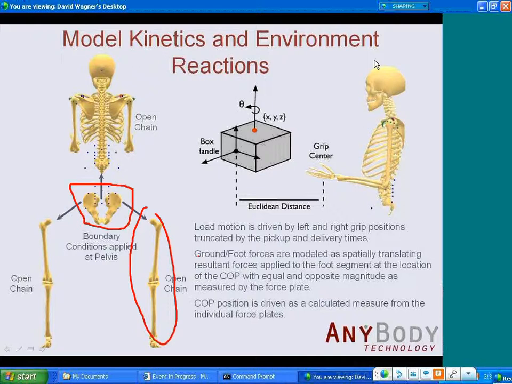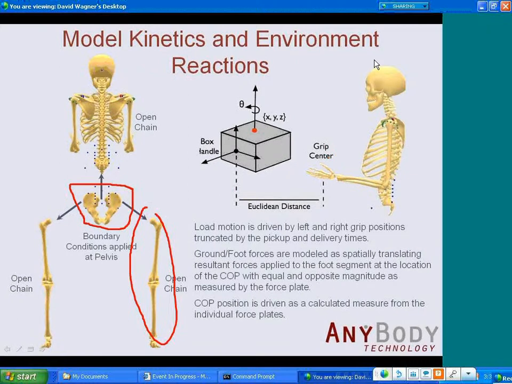The application of the center of pressure to the different feet was taken from the AnyGait model that was previously developed, and the lifting of the box was handled through a conditional constraint.